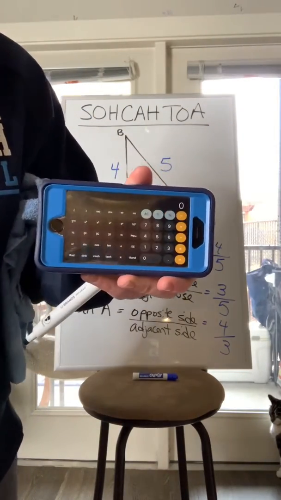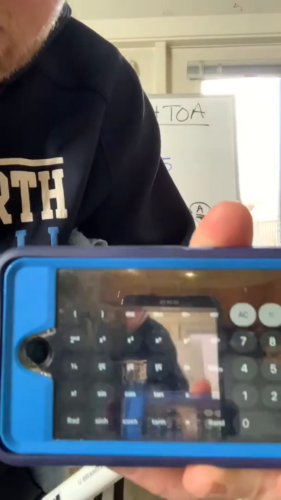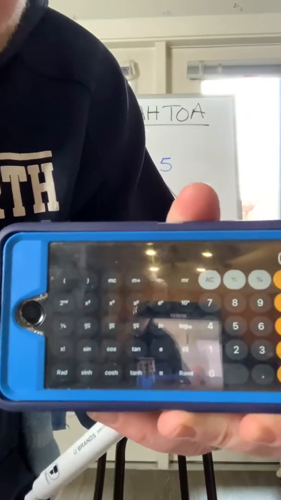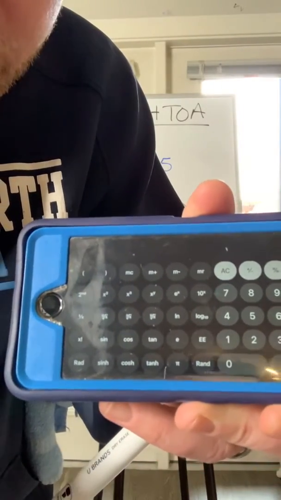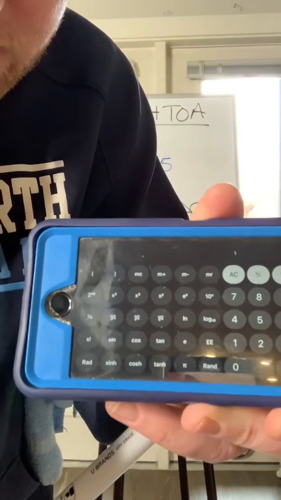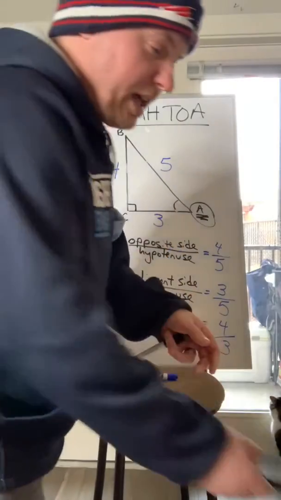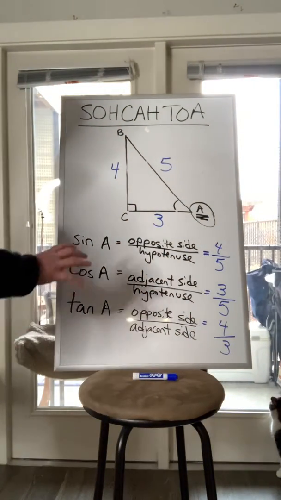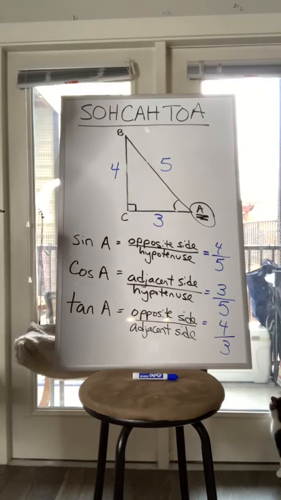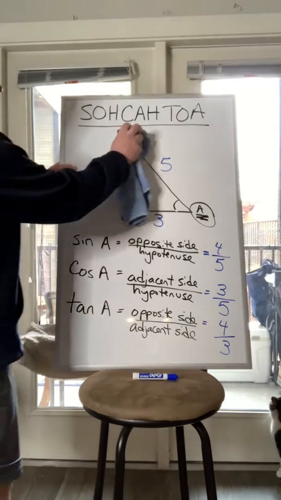If you turn it sideways, so you get the more fancy version, you can see it right there. Sine, cosine, and tangent. Not the one with the H attached to it, just the one that's sin, cos, and tan. So we'll be using that later on this week. But for today, the problems are just going to be like this. Okay? So let me change the triangle.